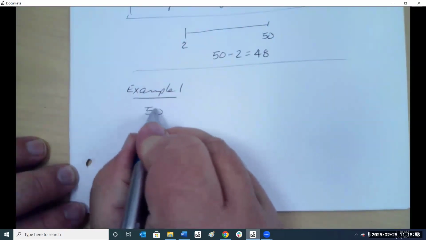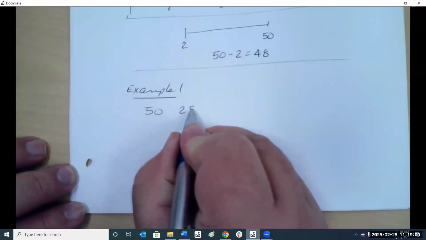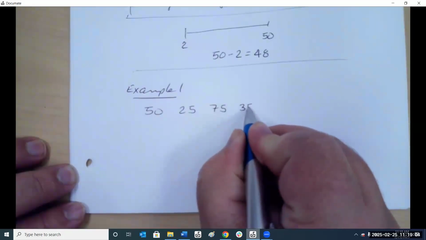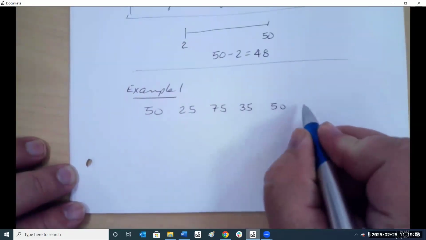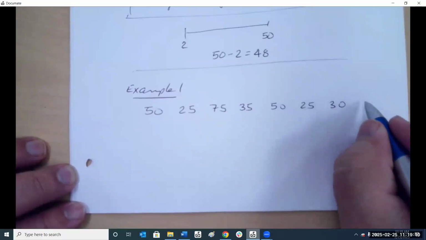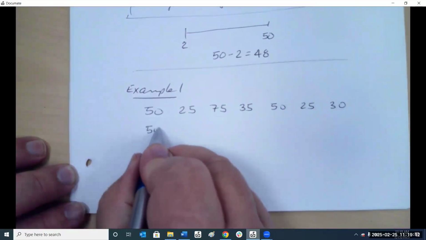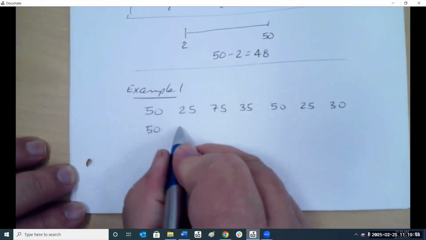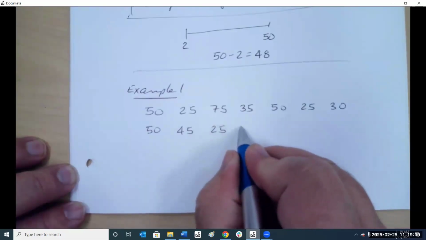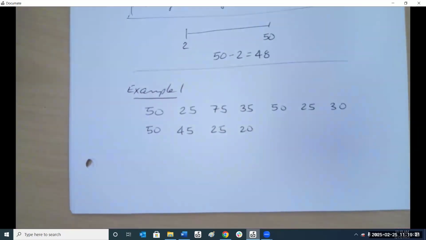We have the same data set we had last time. This example is saying, find the range of wait times at Space Mountain.